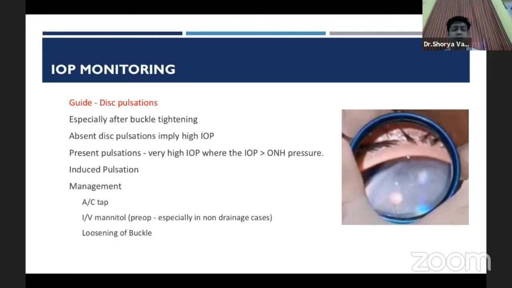If the pulsations become visible, that means the IOP was normal. In case they don't, it means that the IOP is high. In such cases, you need to do an AC tap, and you can give IV mannitol. These are seen more in cases in which we do non-drainage. Loosening of the buckle can also be done.